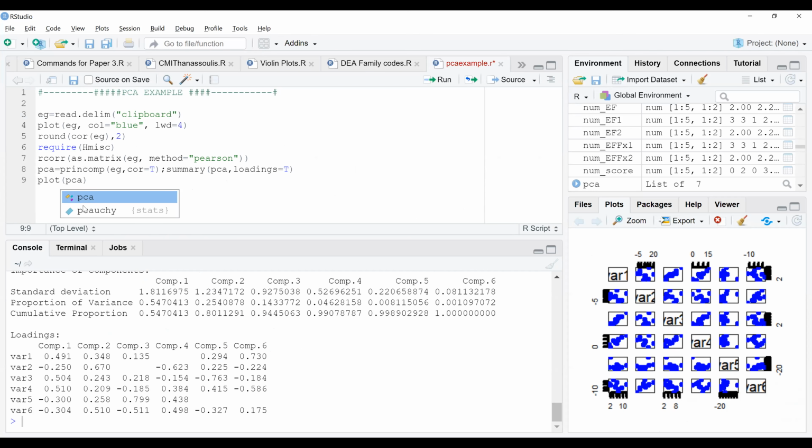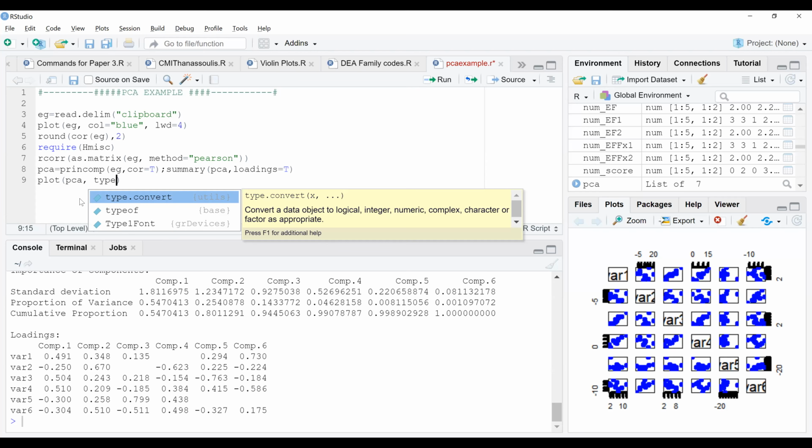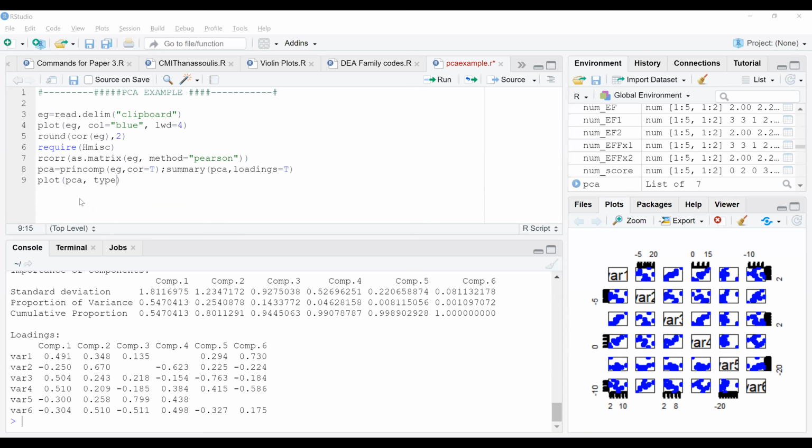That was the name we used. Then you want it to be in lines, so you type type equal to lines.